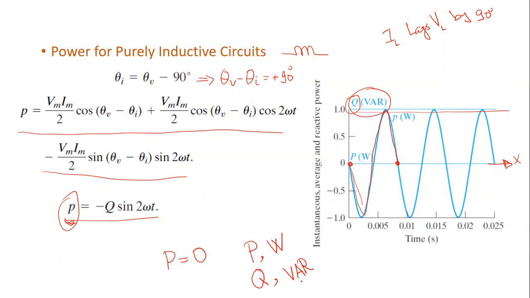So the unit is volt ampere reactive, and we say VAR. It could be written with capital letters or small letters. As you see, the first component is equal to 0, the second component is equal to 0, and the third component is given as a double frequency sinusoid.